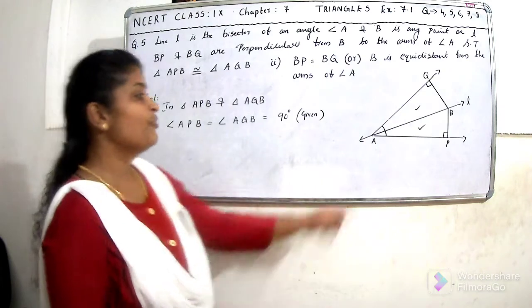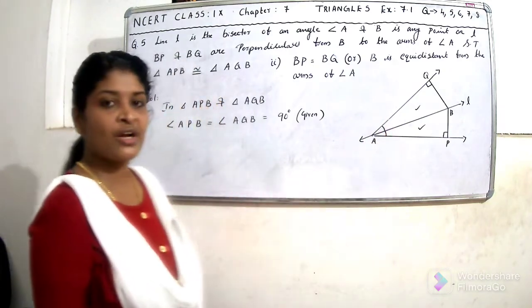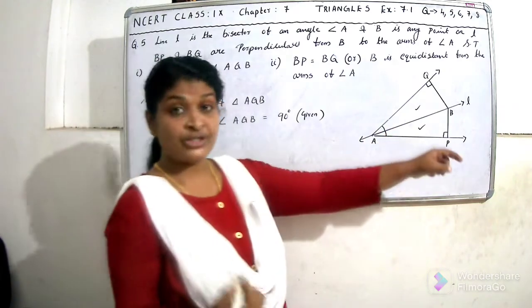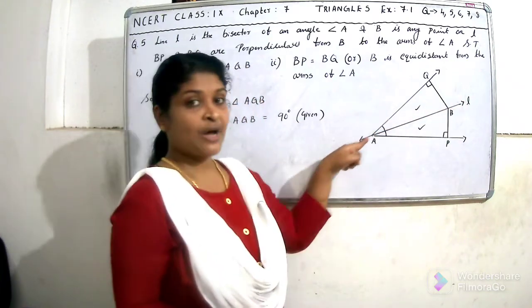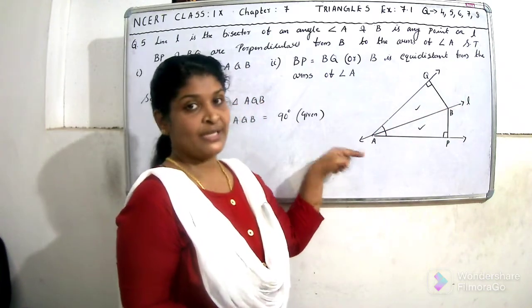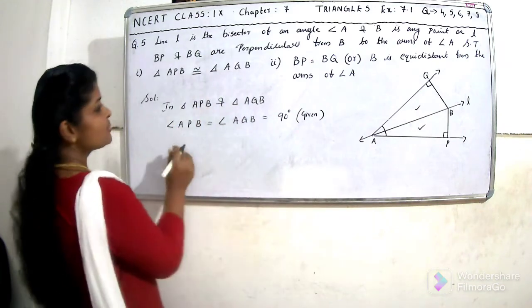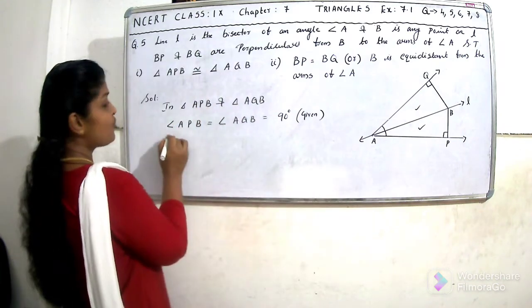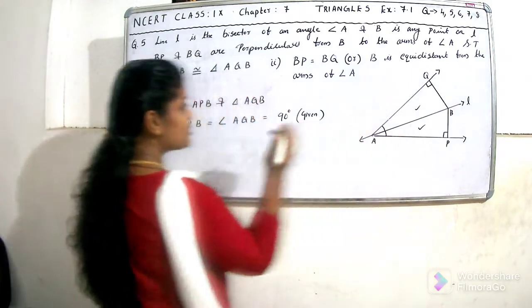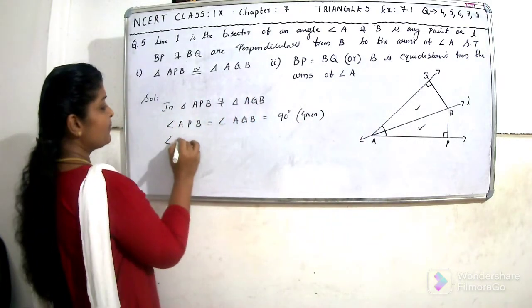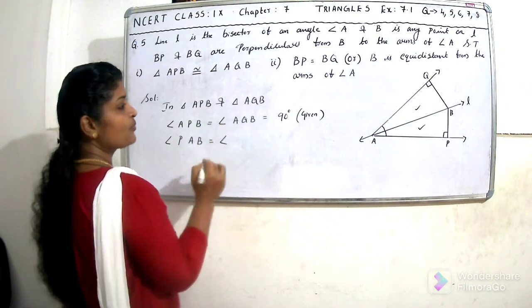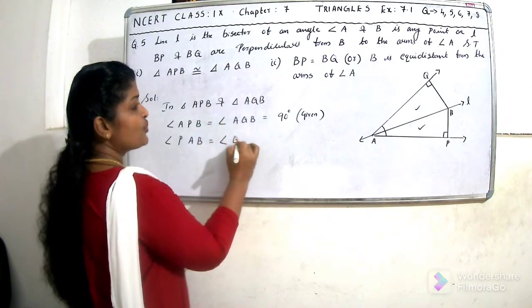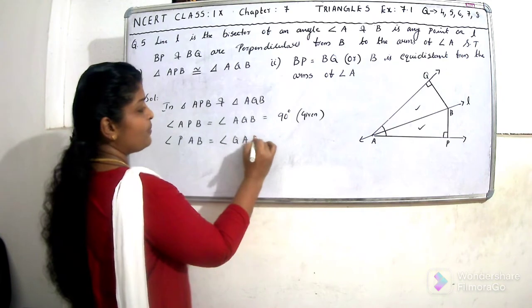Okay. Now we can take these two angles. These two angles are equal. That also given. Which way they given? L is the line which is passing, bisecting the corner A. Okay. So we can take that also. So this is the corner. So angle PAB is equal to angle QAB.